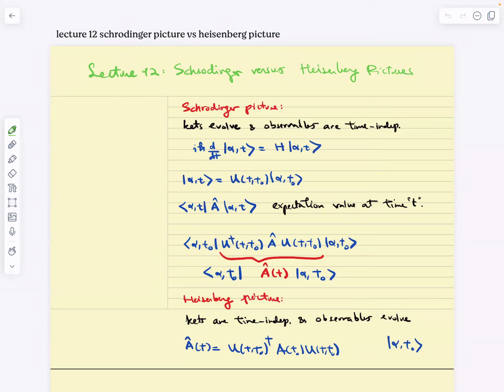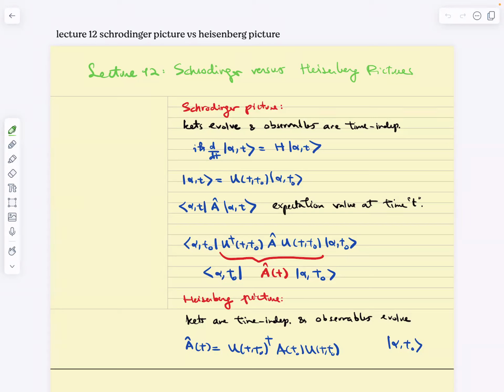So we went over the Schrodinger versus Heisenberg picture in classical physics, where we could formulate physics in two different ways. One way was the state is time independent. Your observables evolve in time. We call this the Heisenberg picture.